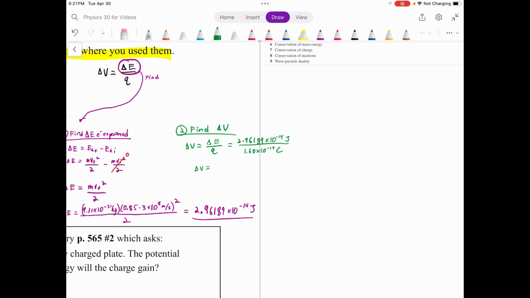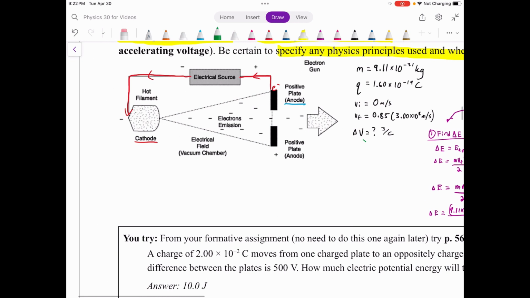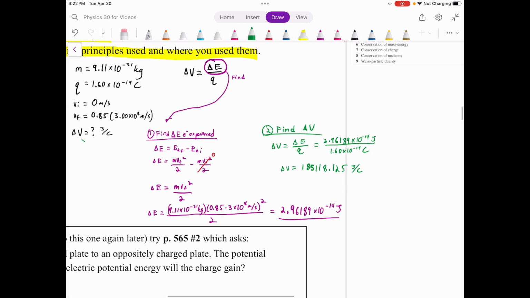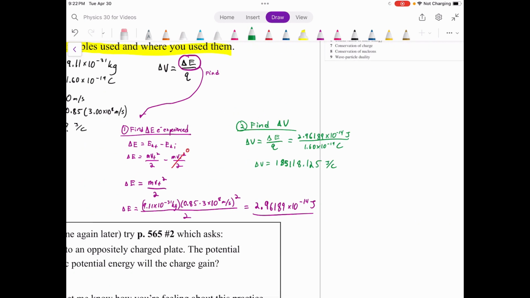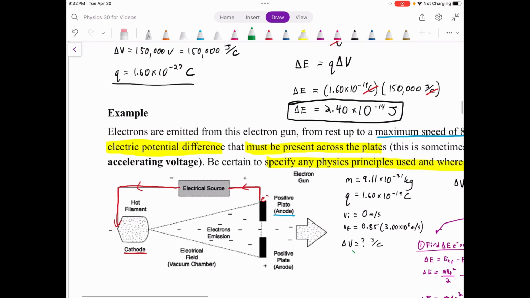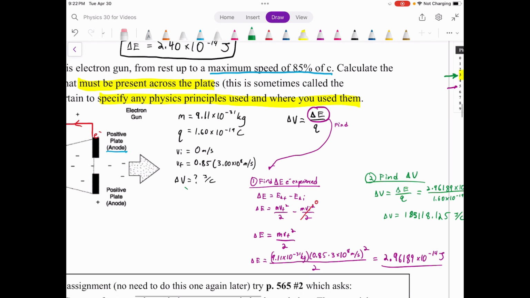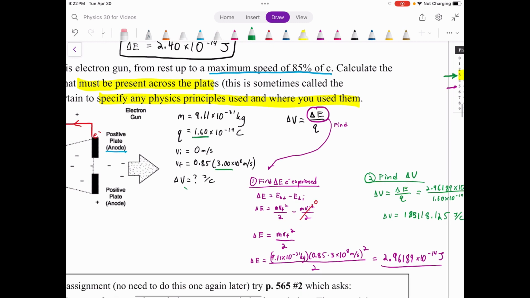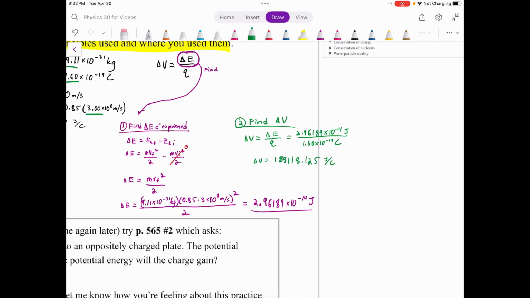So when I put that into my calculator, I got that the potential difference between the cathode and the anode, those two positions, must be 185,118.125 joules per coulomb, or to 3 significant digits, just based on using these values, we would say 1.85 times 10 to the power of 5 joules per coulomb, or let's use volts, so we sometimes use that and we're comfortable with it.